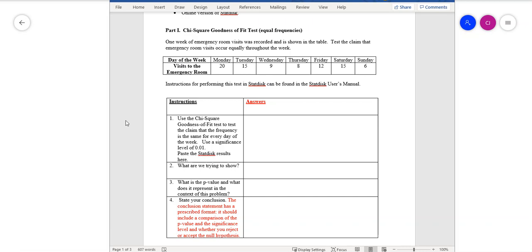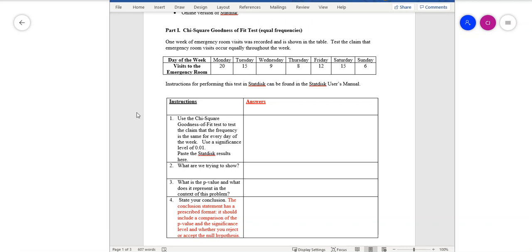So if somebody responded on day of the week, what was the day where the visits occurred the most, we wouldn't say the answer was 20. We didn't ask that. Now you can see there's numbers here. That doesn't make it a quantitative variable. Those are just counts. The variable is the day of the week.